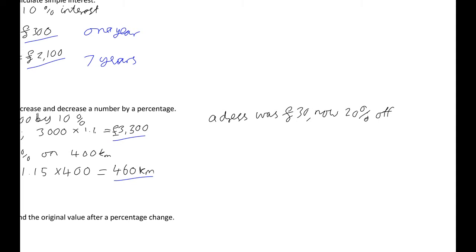So 100 minus 20 means we've now got 80% of the original price. 80% equals 0.8.